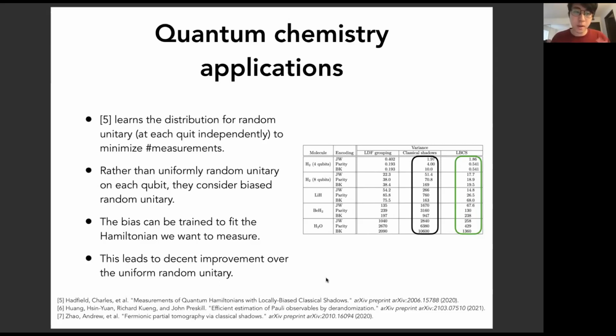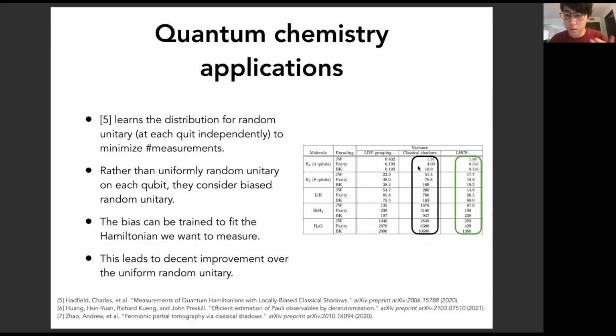But in this paper, they consider a sort of learning approach where you optimize the distribution of the random unitary such that you minimize the number of measurements required for a specific Hamiltonian you want to measure. So by fine-tuning the distribution according to the Hamiltonian, you can actually get a pretty big speedup. This table was from their paper.